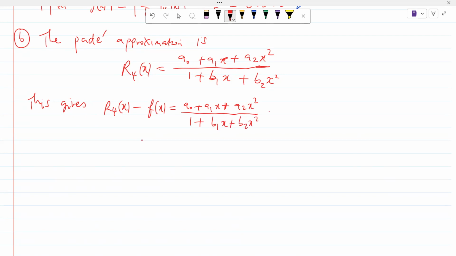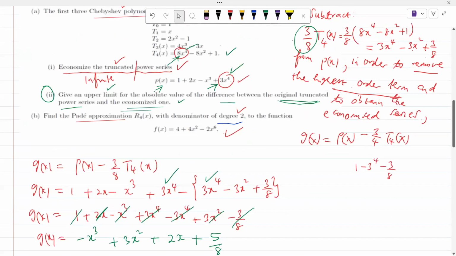You subtract the polynomial f. But the polynomial f given in the question is 4 plus 4x squared minus 2x to the sixth power.